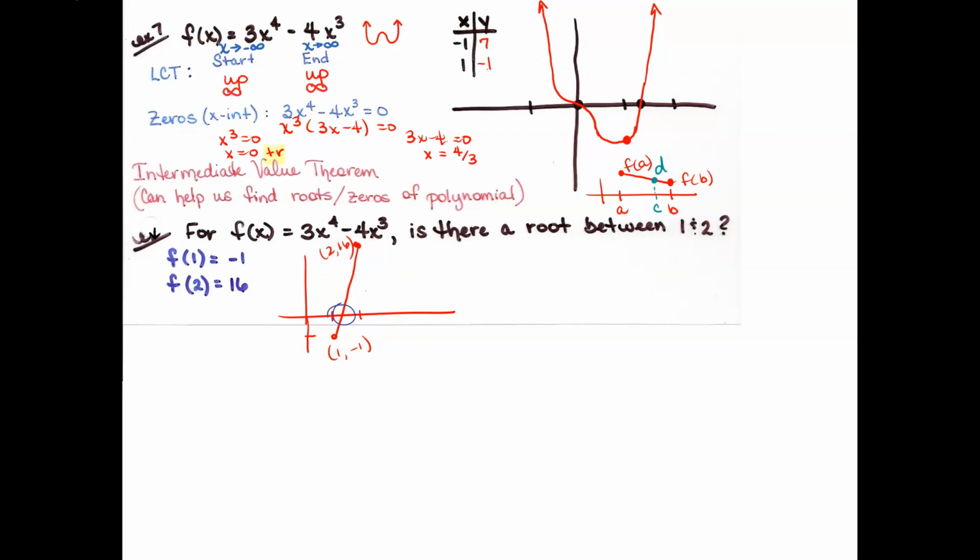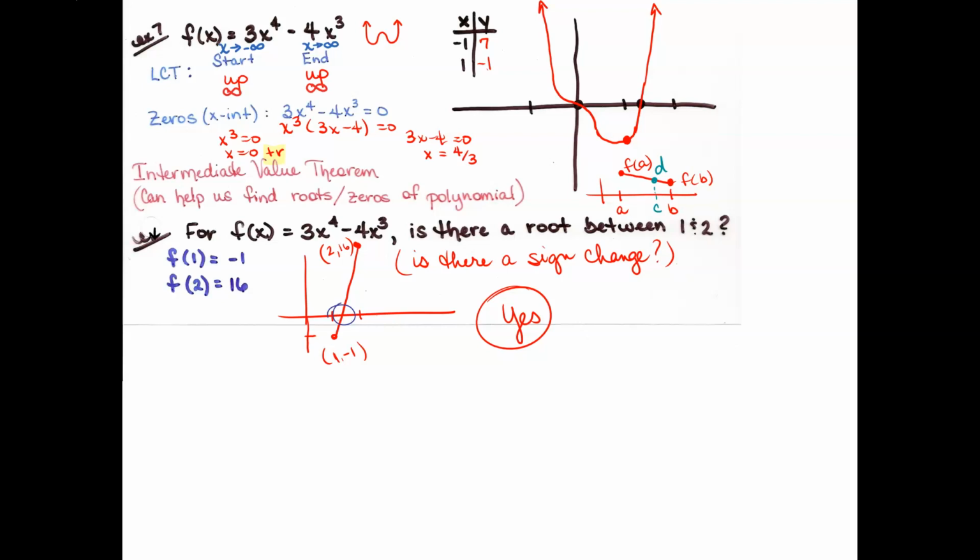And the intermediate value theorem said, if you have a y, you've got to have an x. All right, let's make this simple. If they ask me, is there a root between 1 and 2? They're basically asking me, is there a sign change? If there's a sign change, like negative 1 to positive 16, yep, then there is going to be a root. If there's not a sign change, then there's not going to be a root.